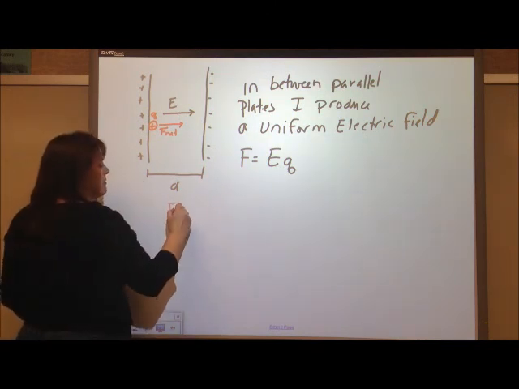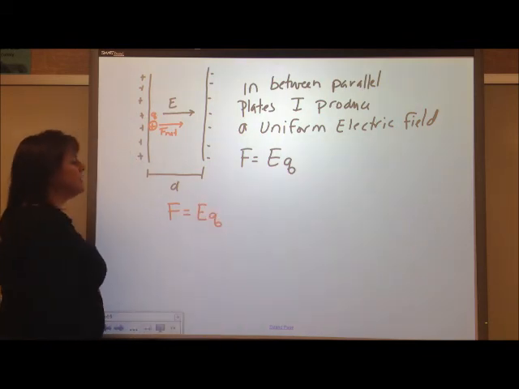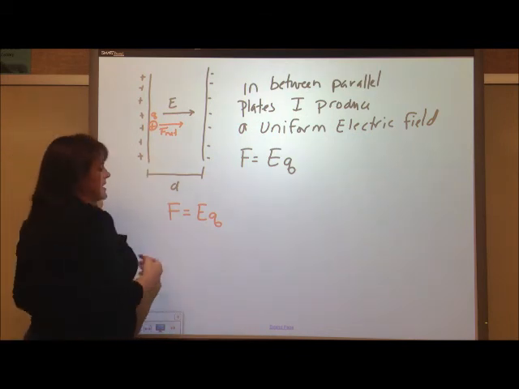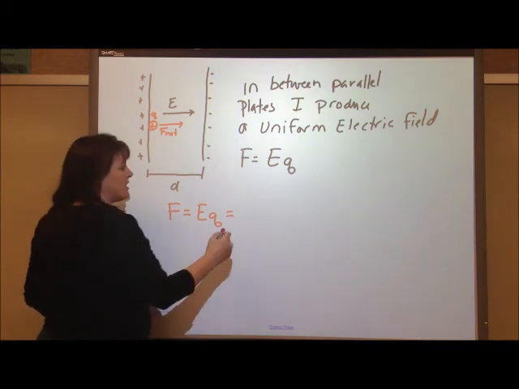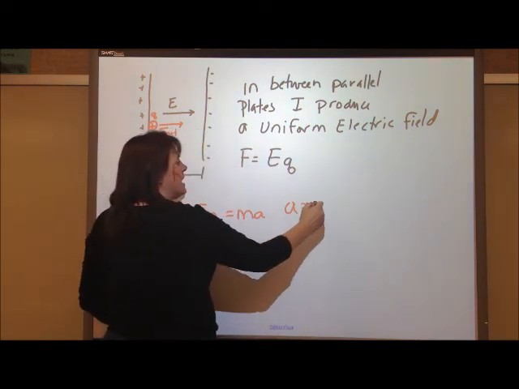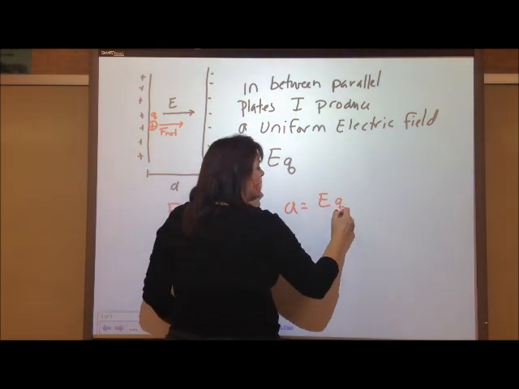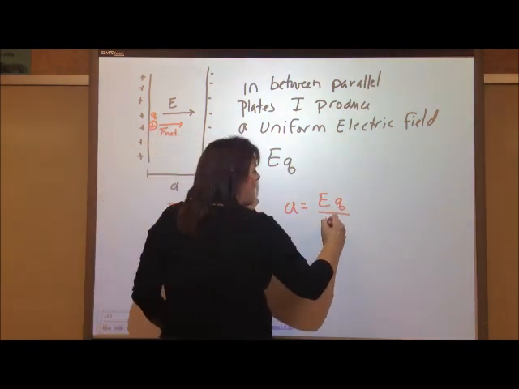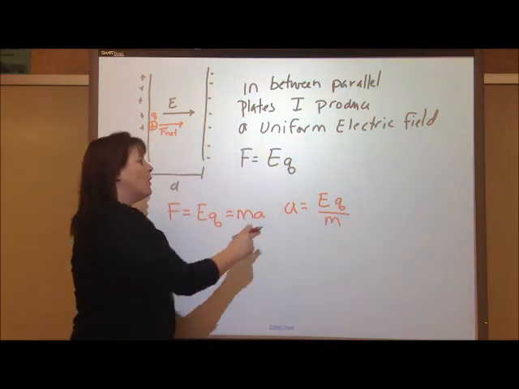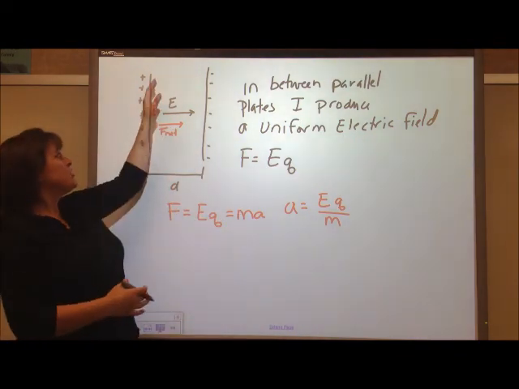So the force on my particle, we said, was E times Q. And if I want to know about the acceleration of my particle, when there's a net force, that's equal to mass times acceleration. So the acceleration on my particle, therefore, is the magnitude of the electric field times the magnitude of the charge that I put into the field divided by the mass of the particle. So Q and m have to do with the actual particle that I put in the field, whereas E has to do with the source of the charges that is creating this electric field.